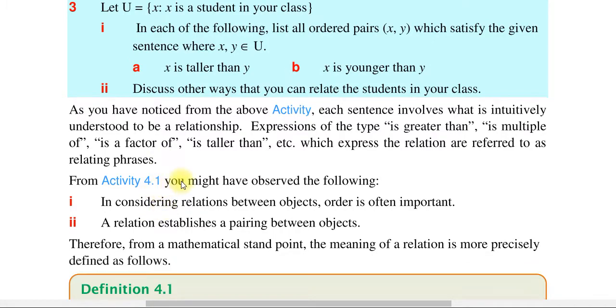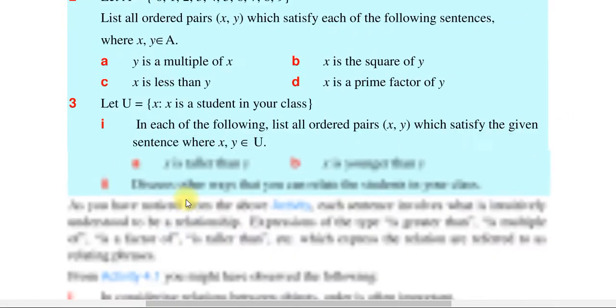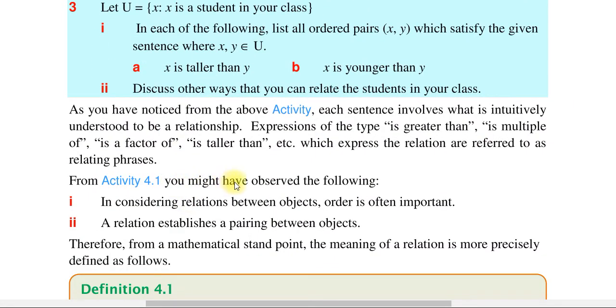From activity 4.1 ከዚህ አክቲቪቲ ማለት ነው እንደምንረዳው you might have observed the following. የመጀመሪያው in considering a relation between objects, order is often important. 2. A relation establishes a pairing between objects. Therefore, from a mathematical standpoint, the meaning of relation is more precisely defined as follows.